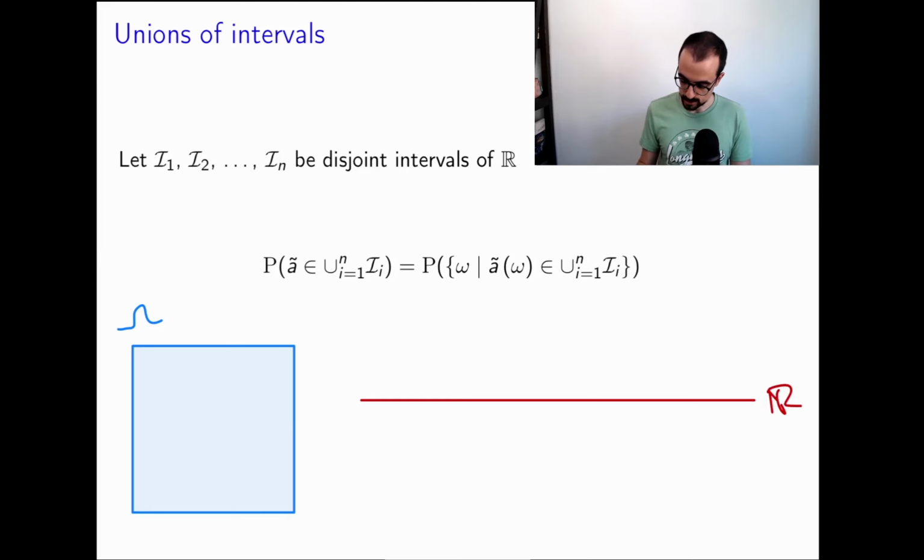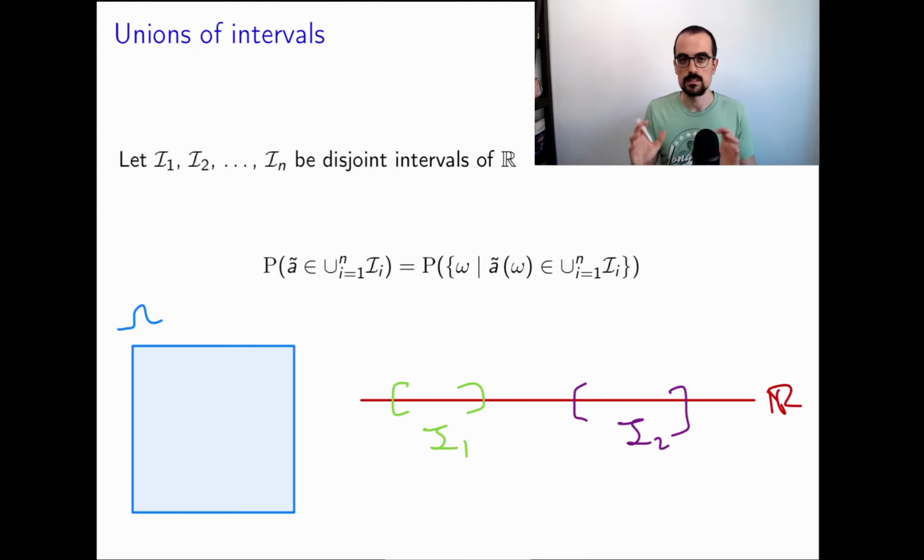Now let's say that there are two intervals that I'm interested in. An interval here, I1, and an interval here, and they're disjoint. Actually, I'm going to use another color for I2. It can be purple.